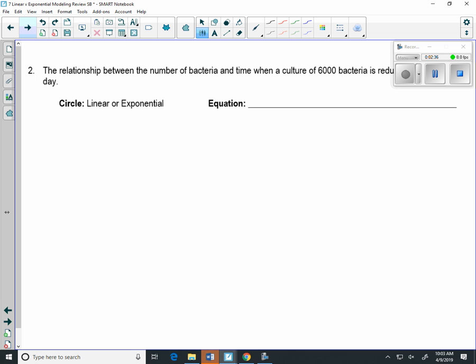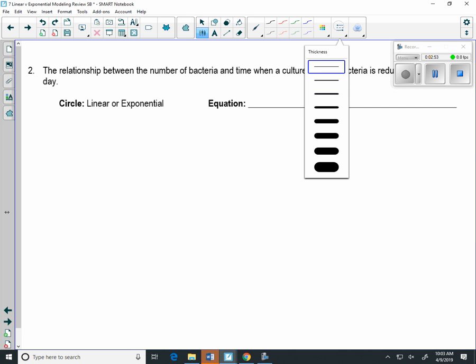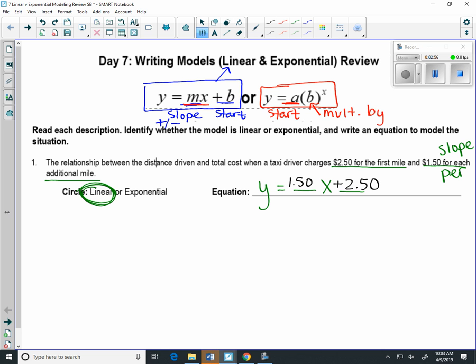Alright, we'll keep going. Now we're looking at a relationship between the number of bacteria and time. A culture of 6,000 bacteria is reduced by 50% every day. So when you see that percent, maybe we should have put that back over here with exponential. Anytime you're dealing with a percent change, that's going to be an exponential model.